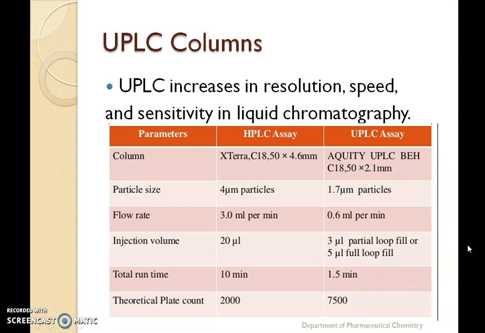Particle size is 4 micrometer, and in case of UPLC it is 1.7. Flow rate is usually 3 ml per minute in case of HPLC, whereas in UPLC it is 0.6 ml per minute. Injection volume, as you are aware, is 20 microliters, but in UPLC it is 3 microliter, and sometimes it varies to 5 microliter also.